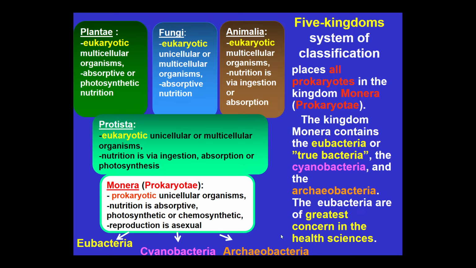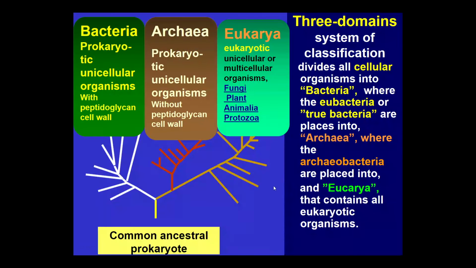So, my dears, this is an outdated system of classification, and the newer one is the so-called three domain system of classification that divides organisms into bacteria, where only eubacteria or true bacteria are placed. Then we have a group of so-called archaea, prokaryotic unicellular organisms that lack a peptidoglycan cell wall.